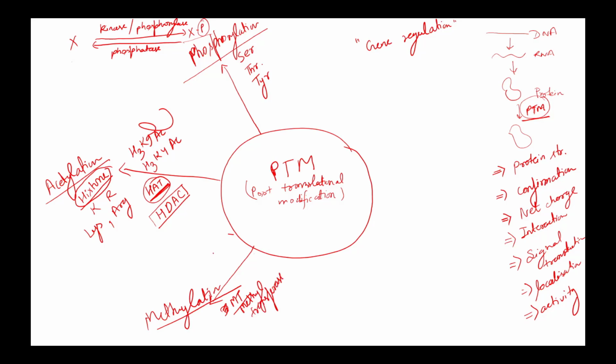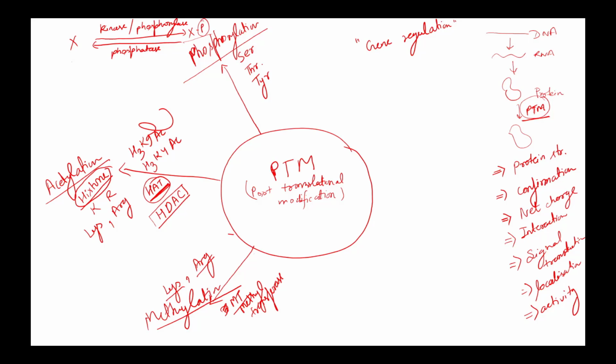Methylation can also occur on lysine and arginine residues. The positively charged residues can undergo acetylation and methylation.